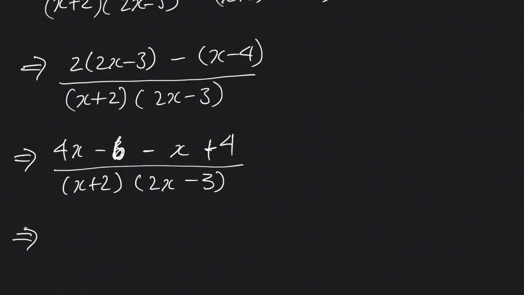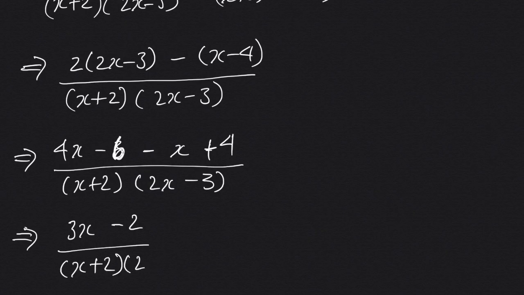So that would be 4x squared minus 7x plus 4, all over x plus 2 times 2x minus 3. And that is our answer.